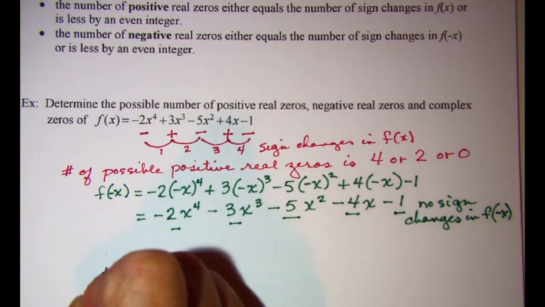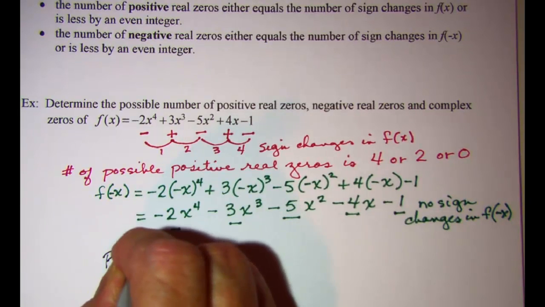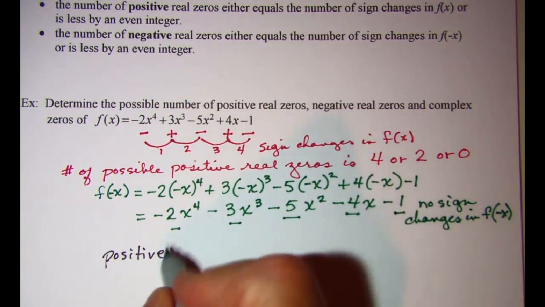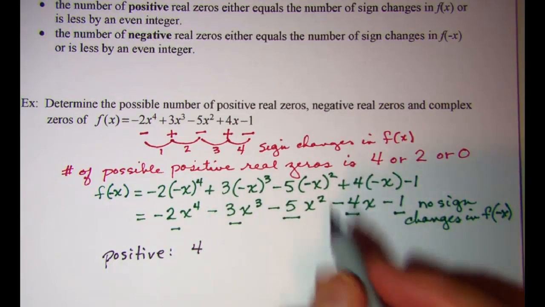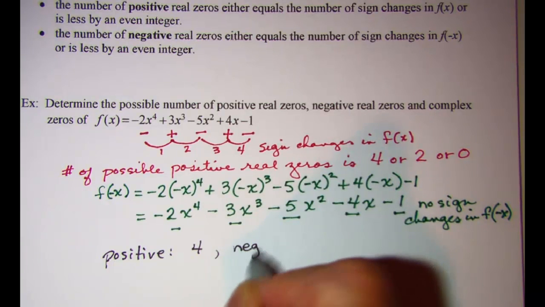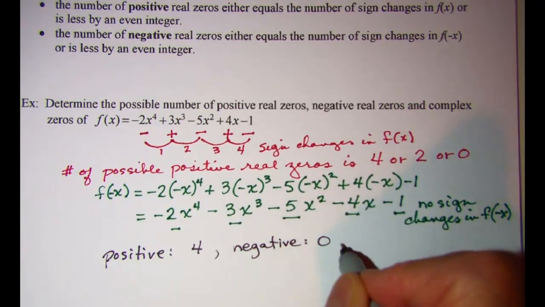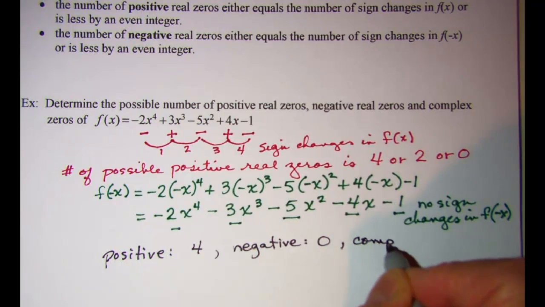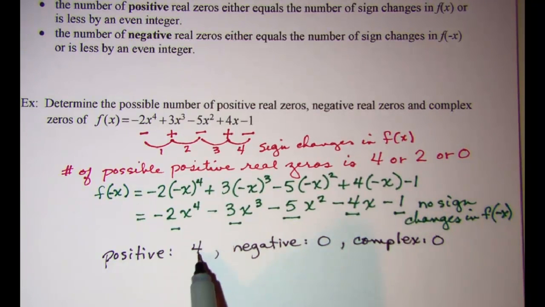If we have four positive zeros, then we'll have no negative zeros and no complex zeros, because the total number of zeros has to add up to 4.